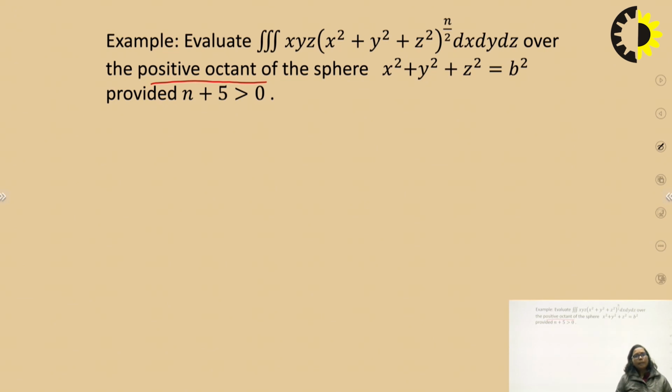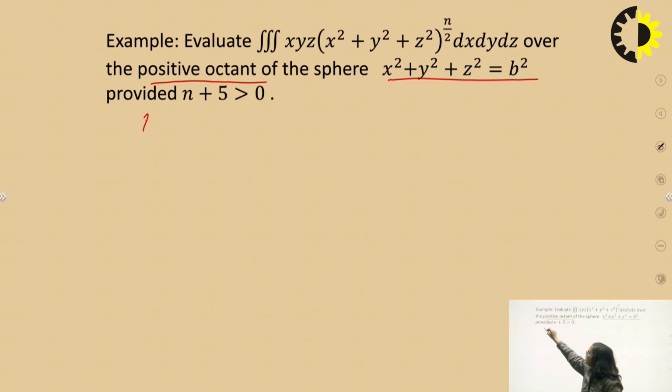Here it's not mentioned that you have to convert this to spherical coordinates. But you know that for this sphere, if you try to solve this integration in Cartesian coordinates, it's not easy to evaluate it. So what do we do? We're going to convert this again to spherical polar coordinates.